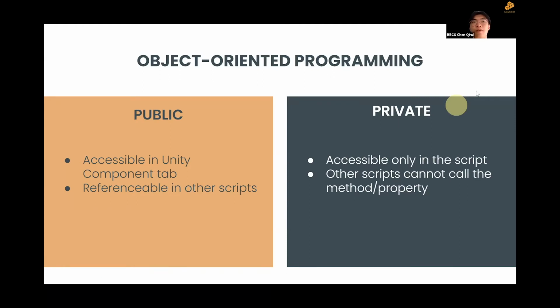For public permission, the class is accessible by other scripts, and data types and variables declared using public are also accessible in the Unity component tab, inside the inspector. Okay.